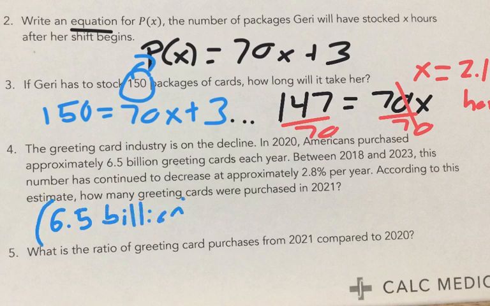So we're going to take the number that we're at and we're going to multiply it by what? 0.972. Because if we're decreasing by 2.8%, that means we are selling 97.2%, which is 0.972. So I could multiply this way.